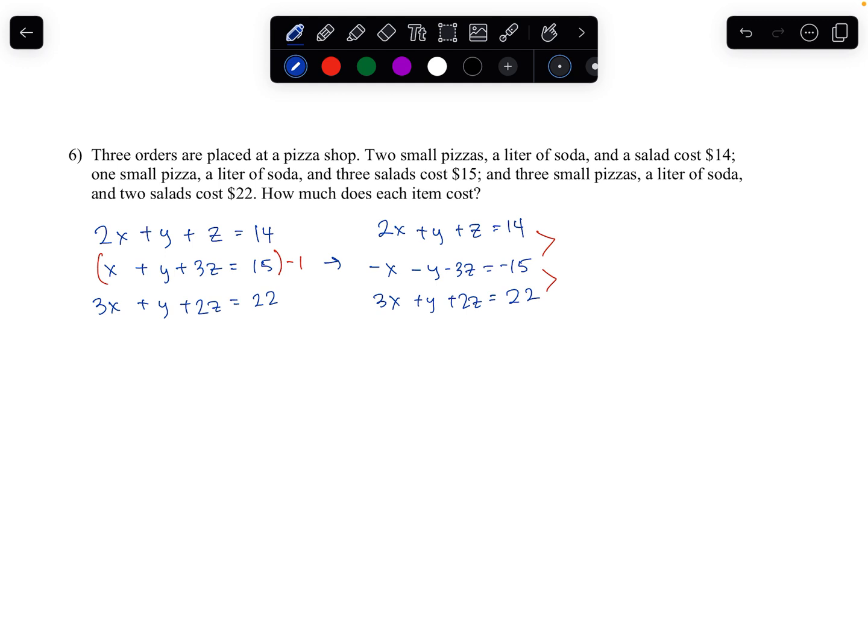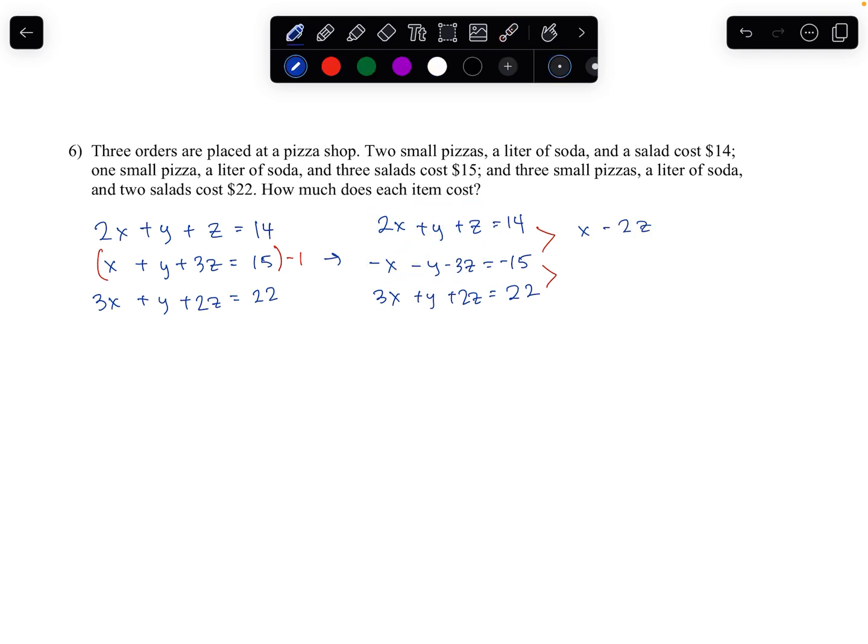So when I add the top two, 2x and negative x becomes x. Those are going to cancel, and that's going to become negative 2z. And that's going to be equal to negative 1. And then when I add the bottom two equations, that's going to become 2x.